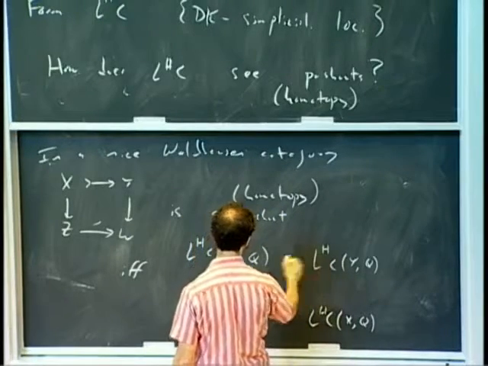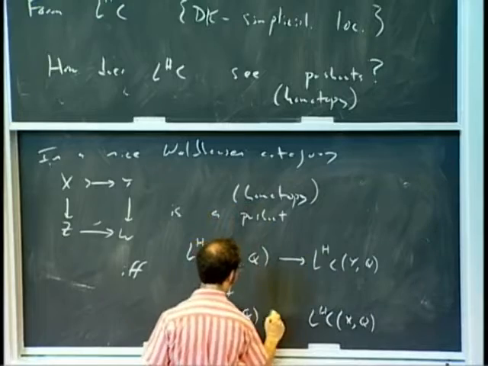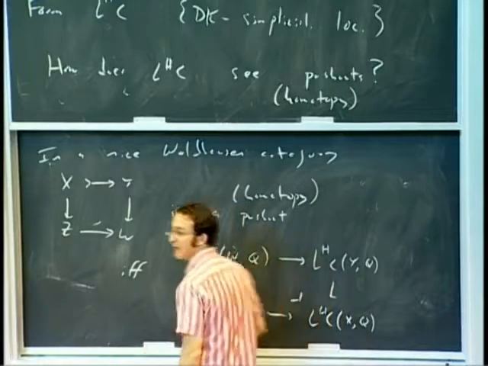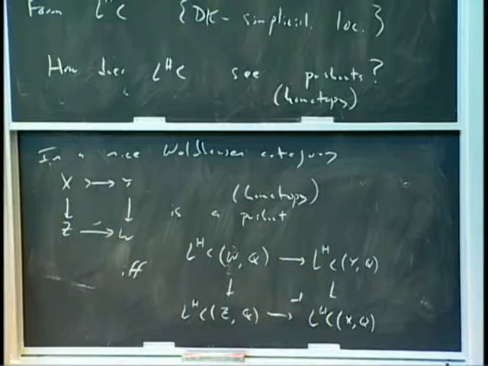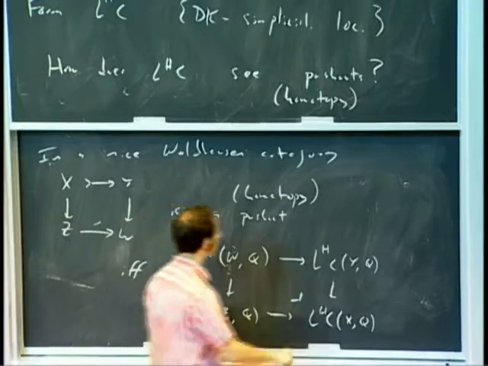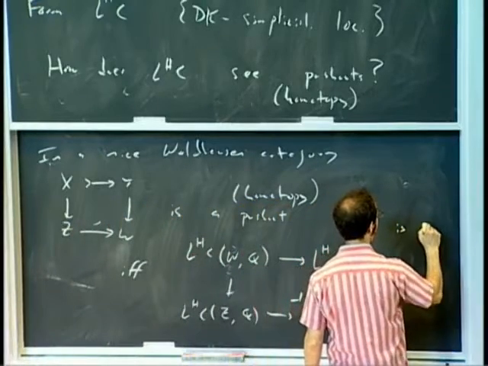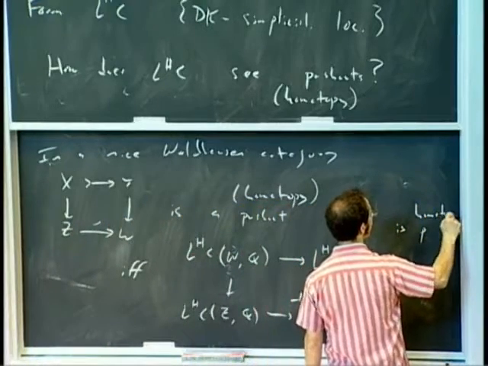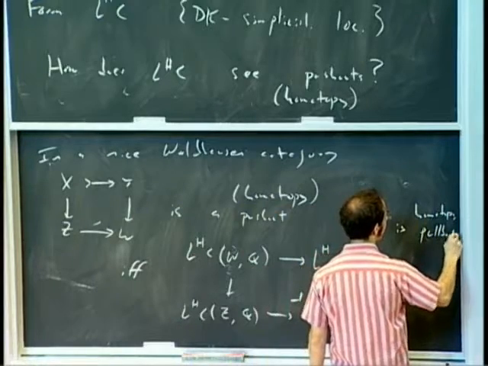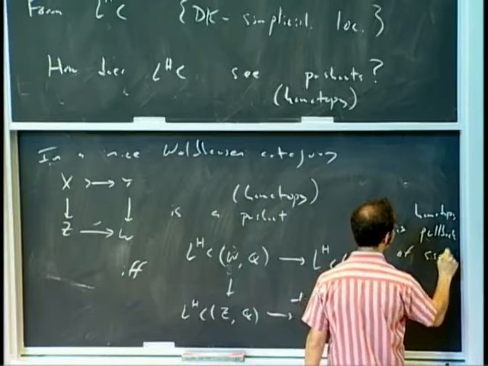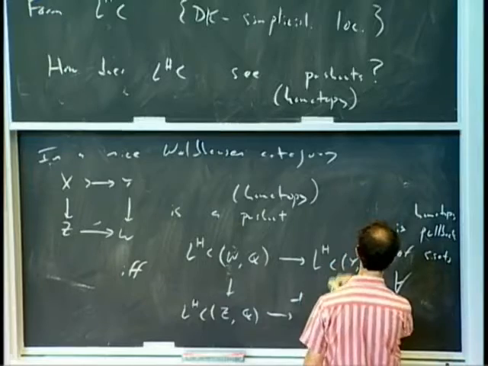So Y used to map to W, so that goes like that, that goes like that, that goes like that. This square is a pullback, a homotopy pullback, of simplicial sets for all test objects Q.